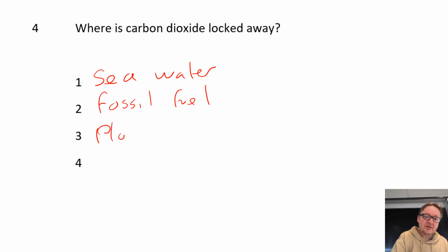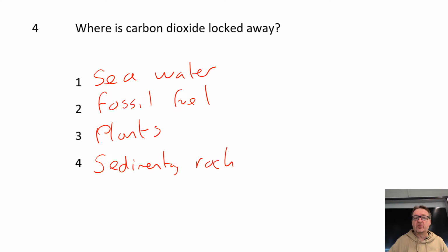There's lots stored in plants, and also lots stored in sedimentary rocks. What we really want is to make sure that all that carbon dioxide stays locked away, because the more that comes out, the more greenhouse effect is going to happen, and the more global warming, which then leads to climate change.